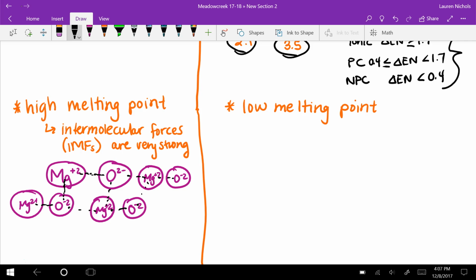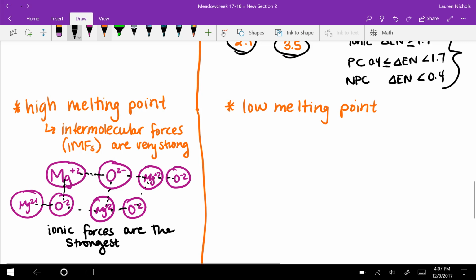The higher the temperature, the higher the amount of energy required to break these intermolecular forces. Now, while that does sound a little complicated, one thing to note is that ionic forces are the strongest. That's why they have the highest melting point.